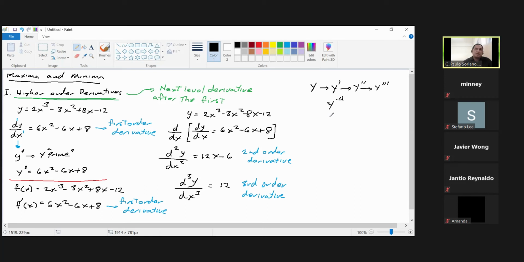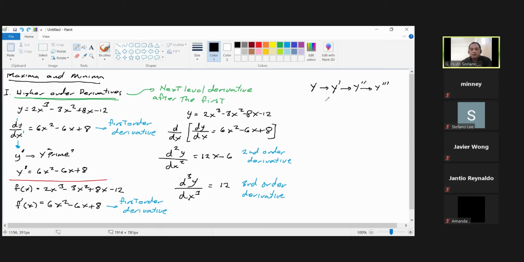Even me, I only know the use up to the third order. I do not know the use of the fourth, fifth, sixth, seventh, eighth order. If I get a doctorate in mathematics, maybe I will be able to understand the use of this. But for now, it's safe to say until 3 is okay. Clear?